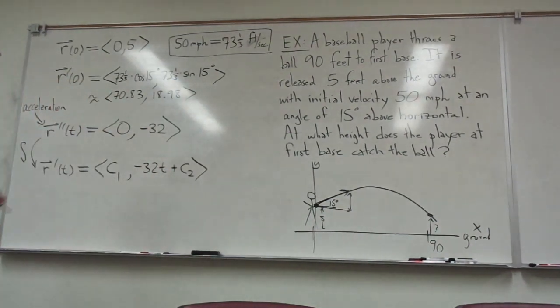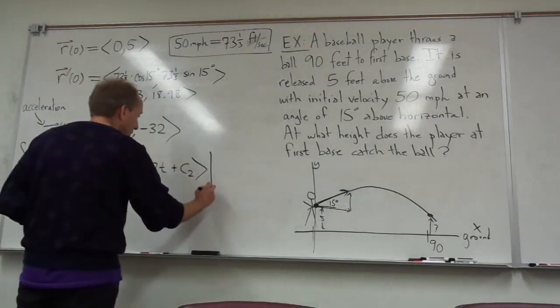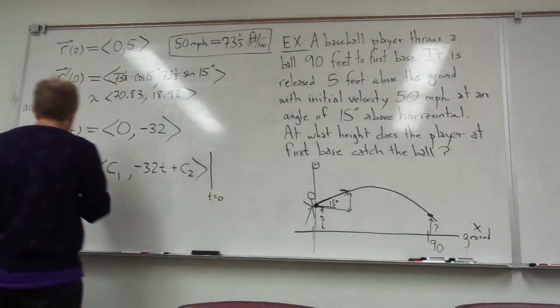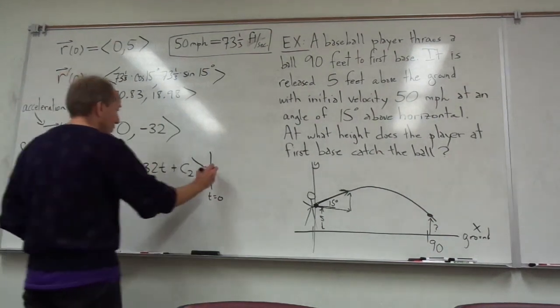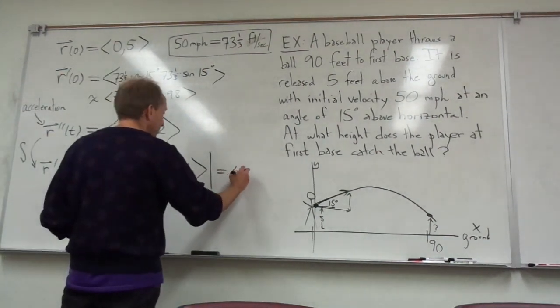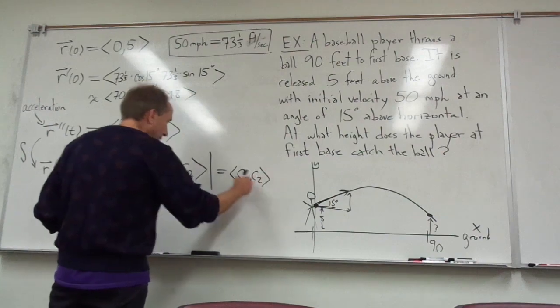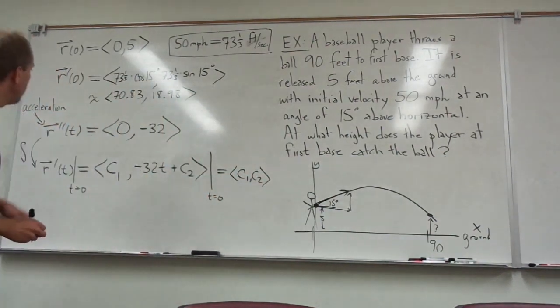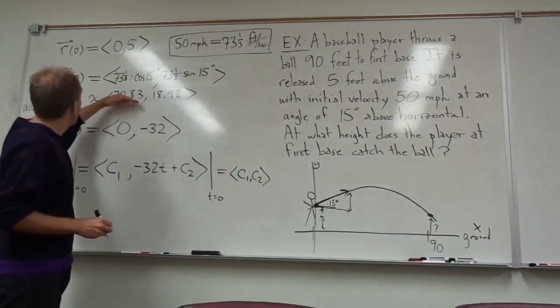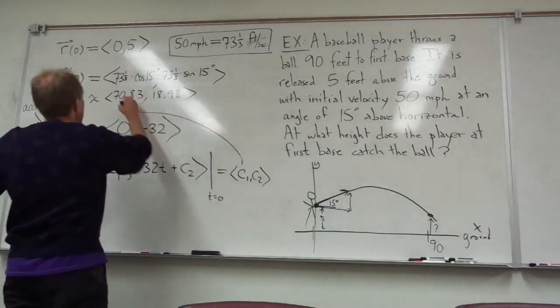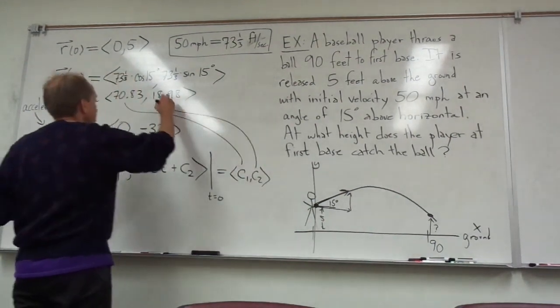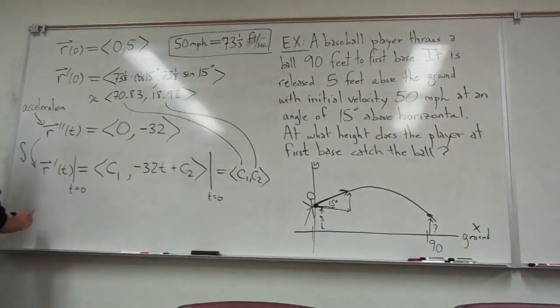Now here is where you can evaluate this at time 0 to figure out what c1 and c2 are. If you plug in 0 for the time, you're going to get c1 and c2, and we already know what r prime of 0 is. So c1 has to be 70.83 and c2 has to be 18.98.